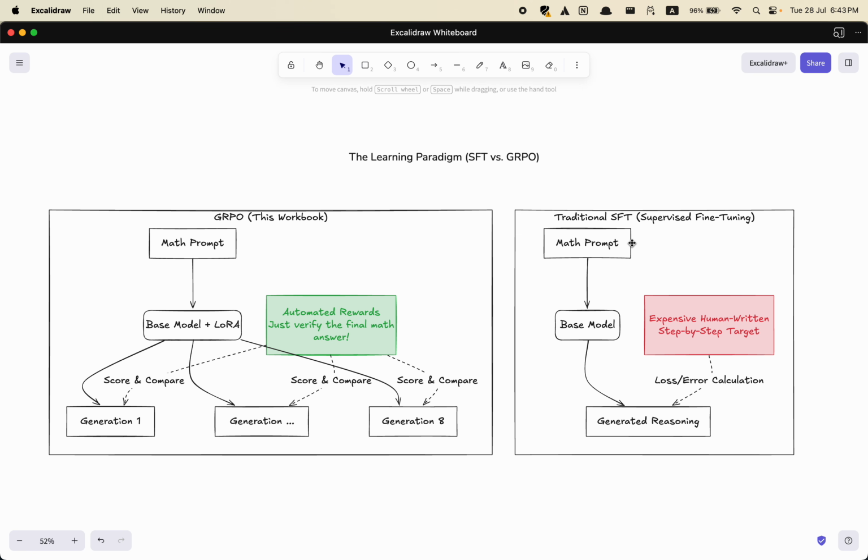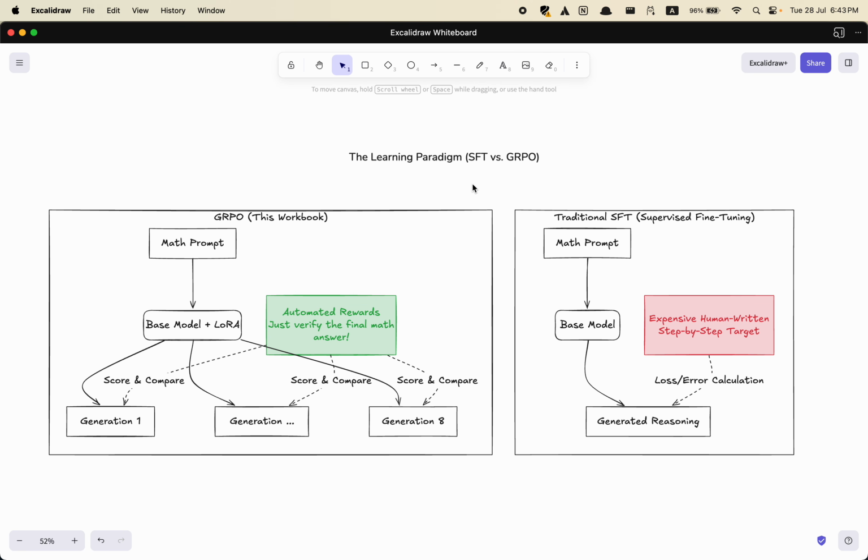However, we used a different approach in this workbook that I'll show you later. We use GRPO, which stands for Group Relative Policy Optimization, and it's the same reinforcement learning algorithm behind DeepSeek R1. In GRPO, we didn't show the model any reasoning examples.